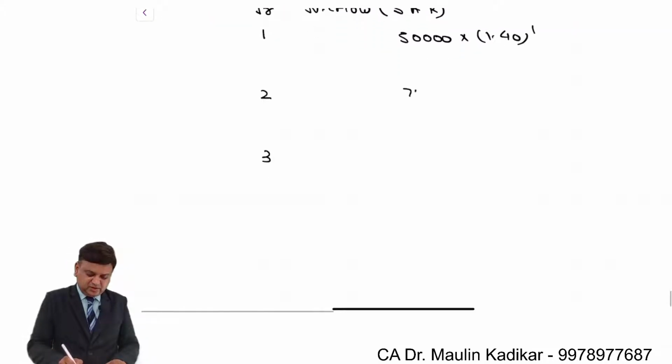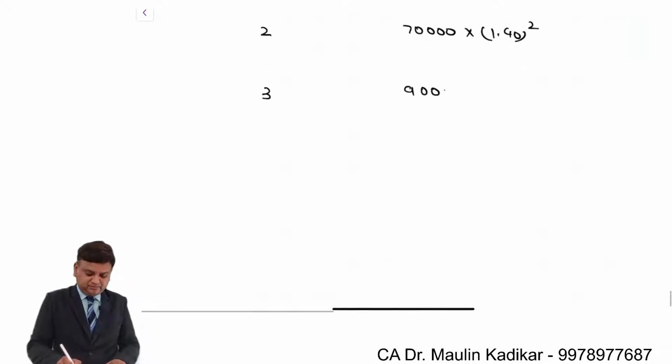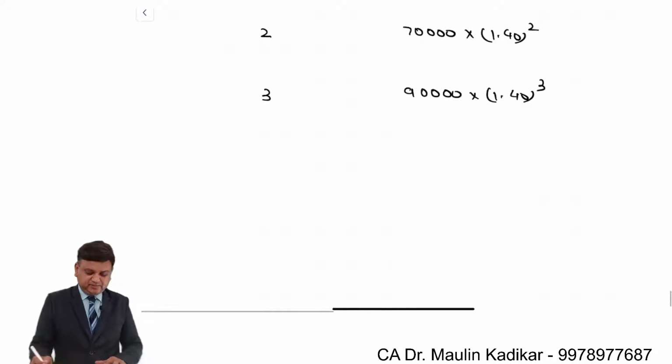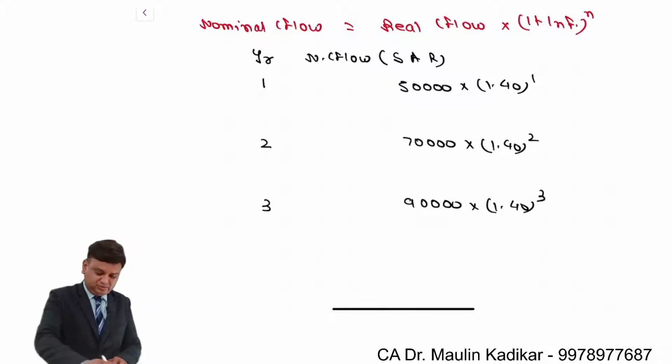Inflation adjusted, 70,000 into 1.40 raised to 2, and then it is 90,000 into 1.4 raised to 3. This is the way we are required to make the computation of the nominal cash flow.